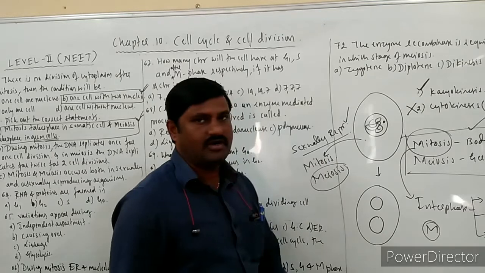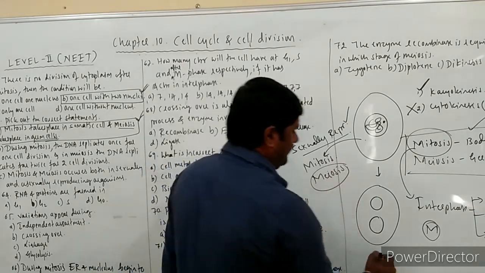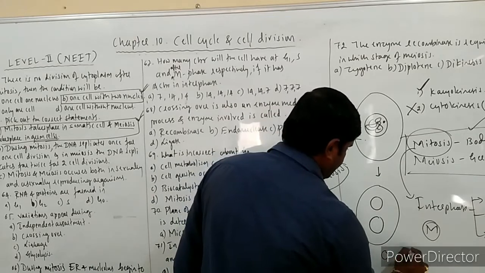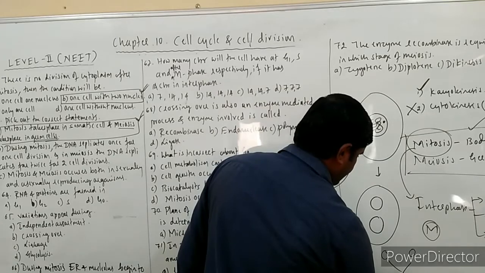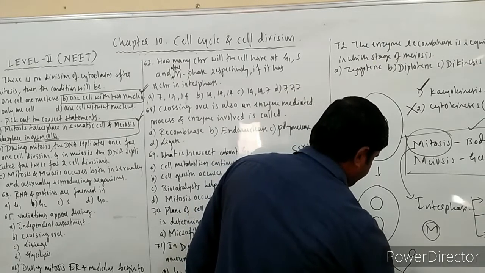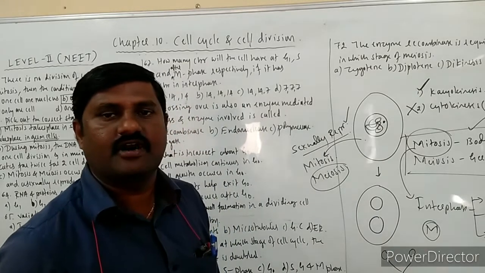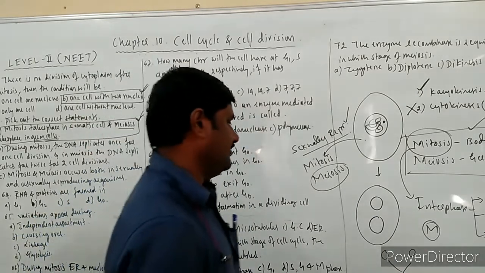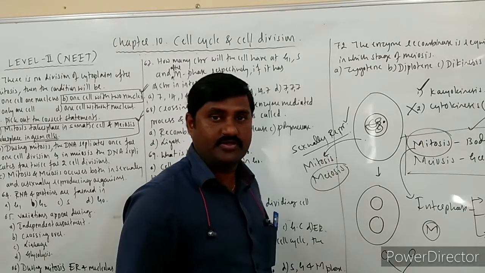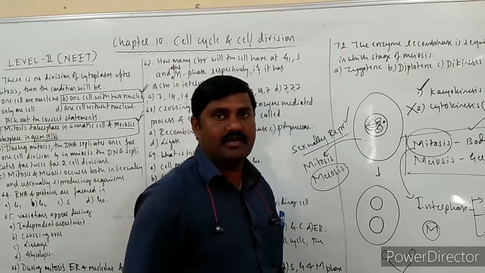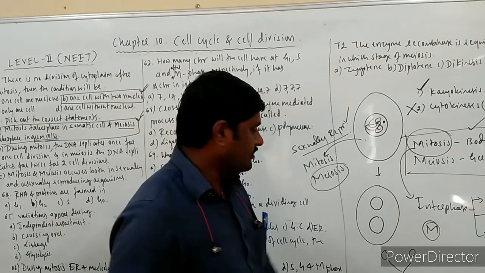And mitosis occurs too. See here, after the fusion of the male and female gametes, they fuse together to form the zygote. This zygote undergoes repeated mitotic divisions. So even though the organism is sexually reproducing, mitotic cell division also takes place and meiotic cell division also takes place.